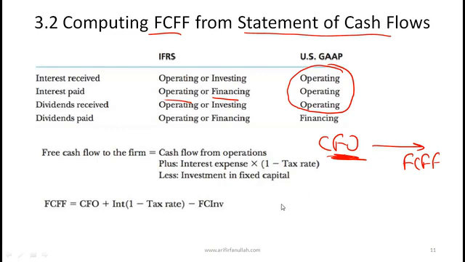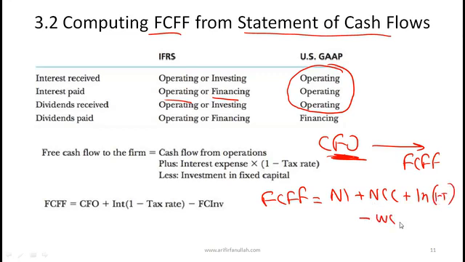In the earlier slide on free cash flow to firm from net income, just to make sure you are clear on this, what was the formula there? That was equal to net income plus non-cash charges plus the interest times (1 minus T) minus the working capital investment minus the fixed capital investment.